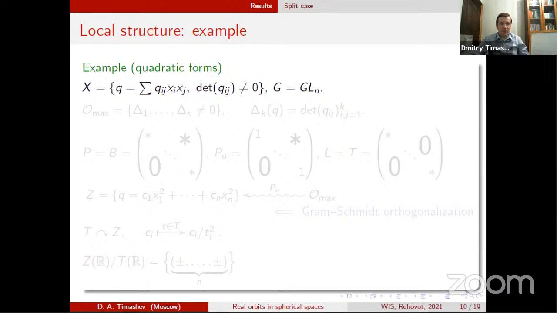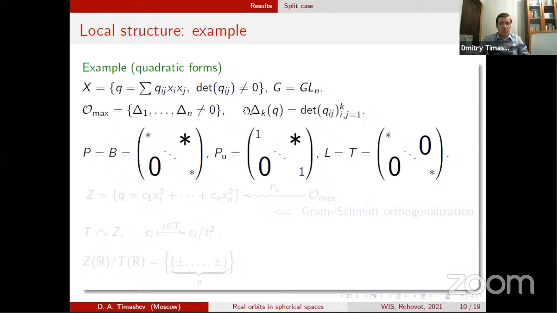In which case, let me remind that X is the variety of non-degenerate quadratic forms in n variables. G is GL_n, and the open Borel orbit is defined by the inequalities, by non-vanishing of this delta k, where delta k are the upper left corner minors of the matrix of a quadratic form.